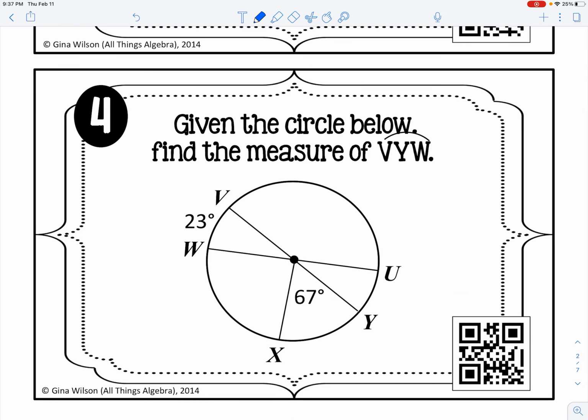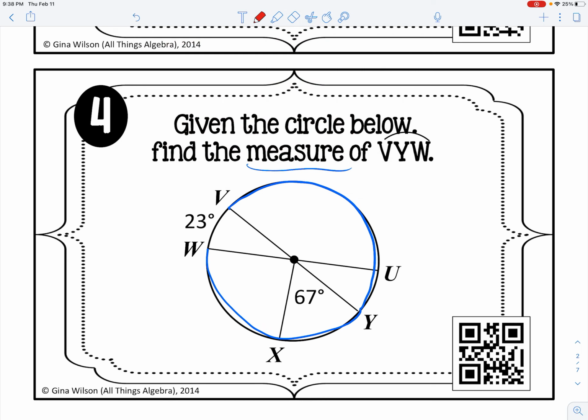All right, let's do number 4 here. So again, we're doing an angle since it's a measure of VYW. So V all the way VYW. So it's literally everything except for this tiny little bit.